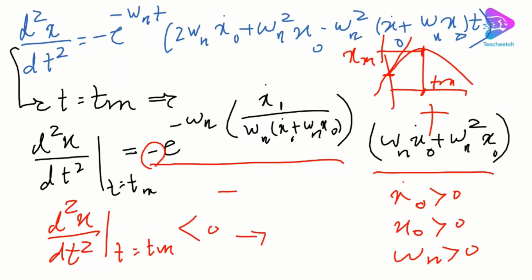So we can use tm to find xm, which is what we're looking for, the maximum displacement for this critically damped condition. The rest is very easy because we ensured that tm gives us the maximum displacement. What we need to do is just plug tm into the x(t) expression.